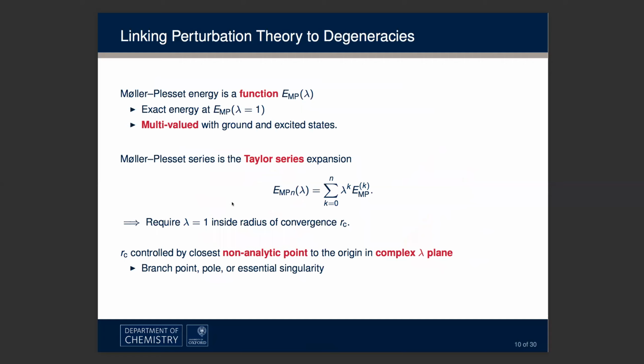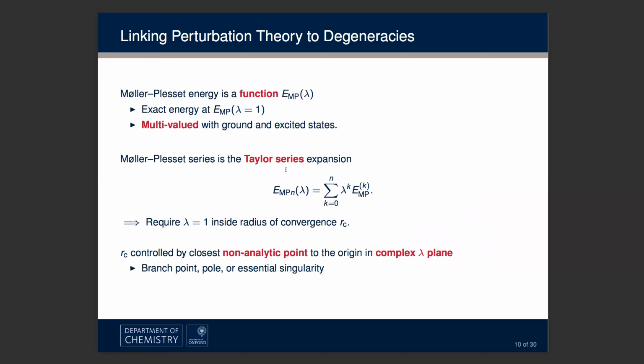So how does this really relate to our Møller-Plesset expansion? Well, we need to view our Møller-Plesset energy as a function of this complex lambda value. And again, we have the exact energies at lambda equals 1. At this point, our Møller-Plesset energy is multi-valued, and each of the different solutions are our ground and excited states. When we take a Møller-Plesset series, all we're doing is a Taylor series expansion of this energy function.